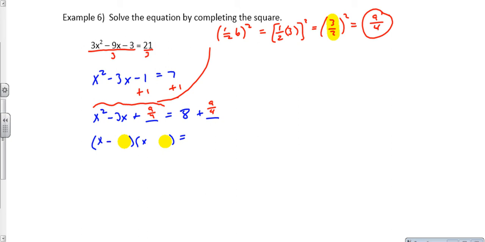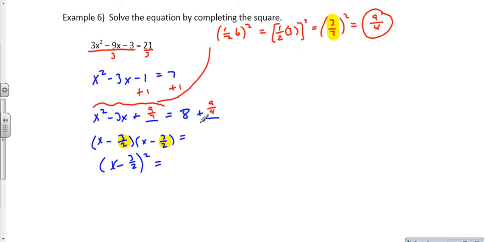So I'm going to say minus 3/2, minus 3/2, and that's good enough. So just because we have a fraction in there doesn't mean it has to be more complicated. Keep our thoughts clear and simple. What is that number? It's half of our b term. So on the left side, we can actually write this as x minus 3/2 quantity squared equals.